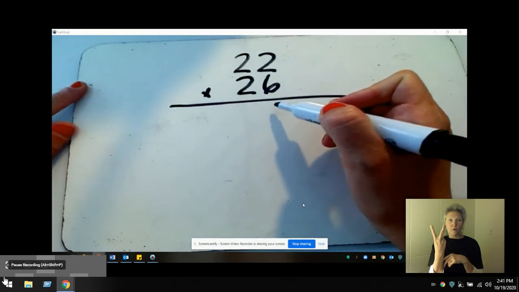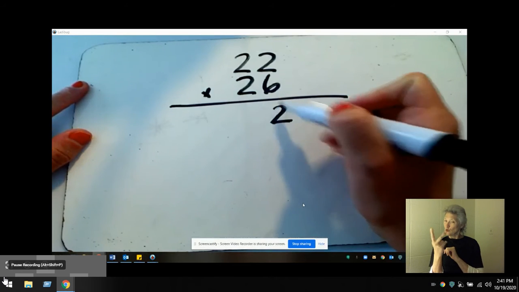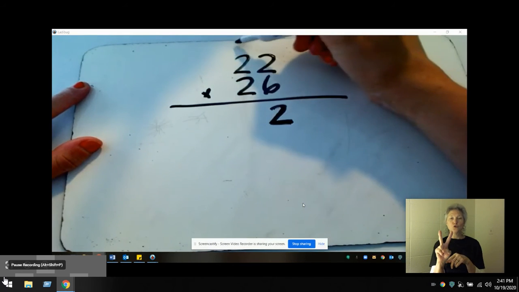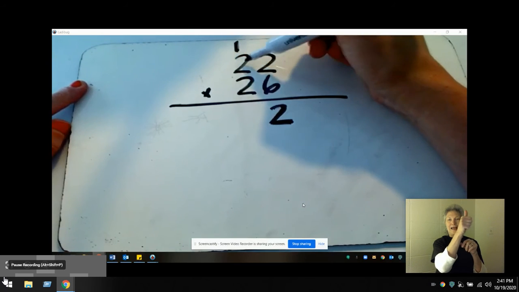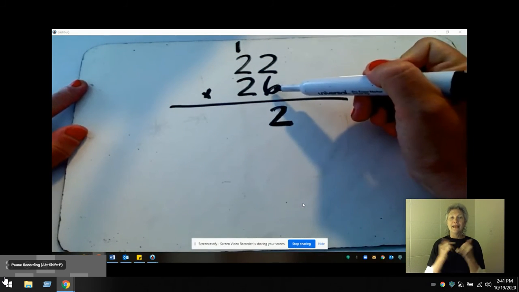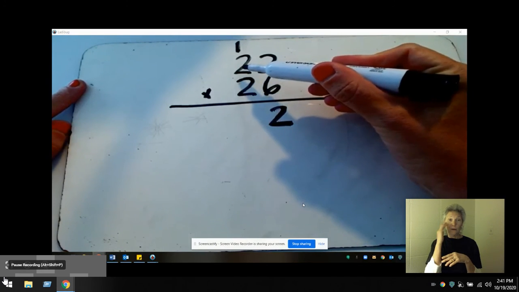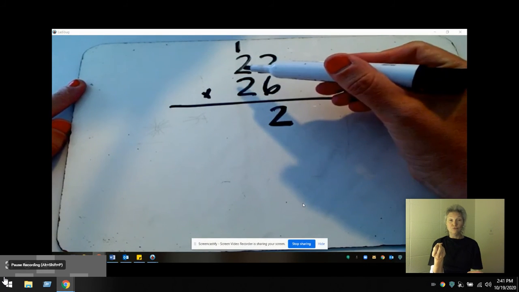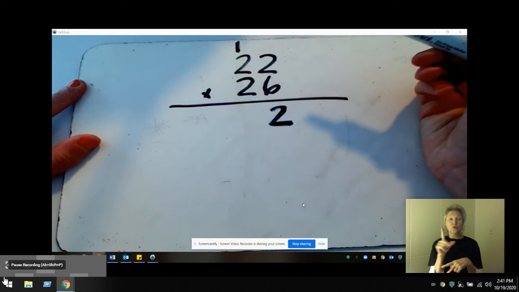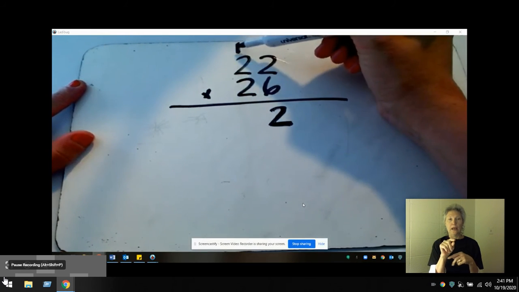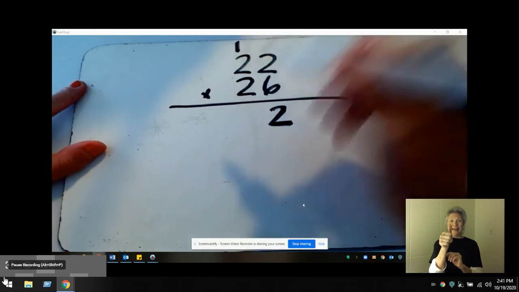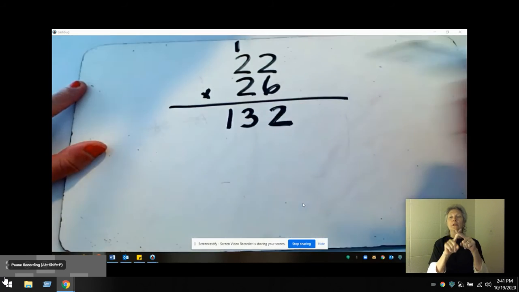But 12 ones are the same as 2 ones and 1 ten, right? So I'm going to put my 2 ones here, and I'll put my 1 ten from 12 up in my tens column. Now I have 6 ones times 2 tens. 6 ones times 2 tens, or 6 ones times 20 is 120, but I have this leftover 10. So that would be 130.